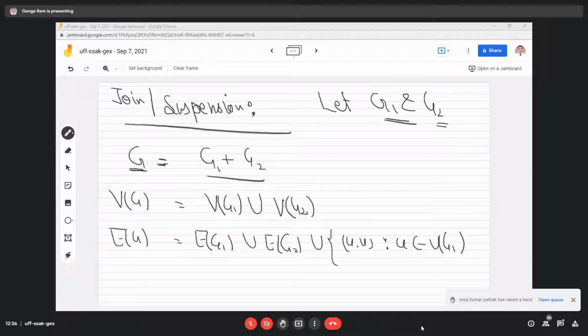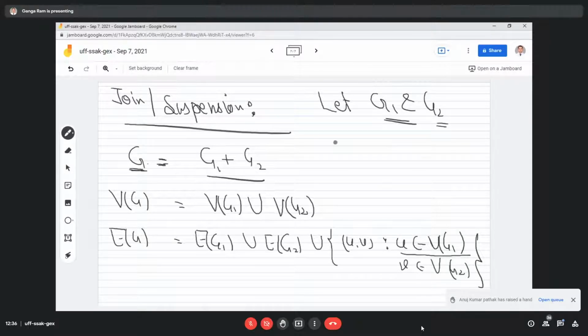Visible now, sir. Okay. Yes, sir. You will be vertex set of G1 here and V will be the vertex set in VG2 set. Okay, so these are the conditions.